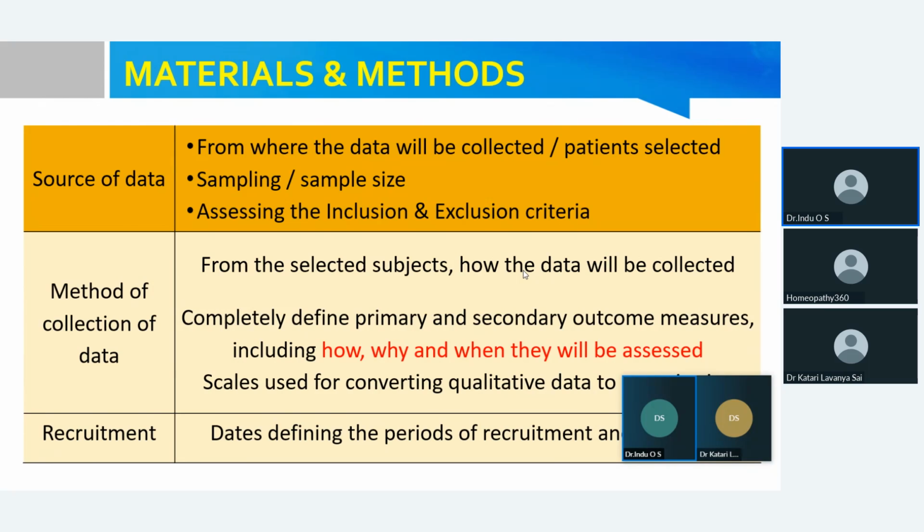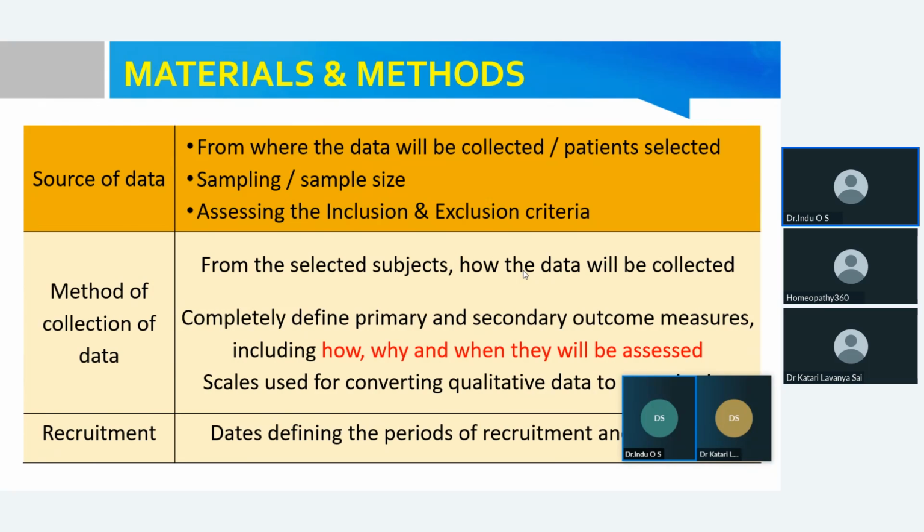And what all scales we are using for assessing the particular information of the patient. That is important. If you are getting qualitative data, the main example is pain. We'll get whether the pain is mild, moderate, severe, like that only. So this qualitative data, we can make quantitative.